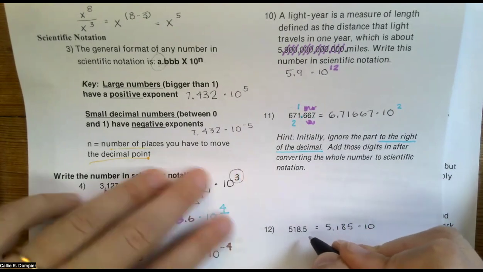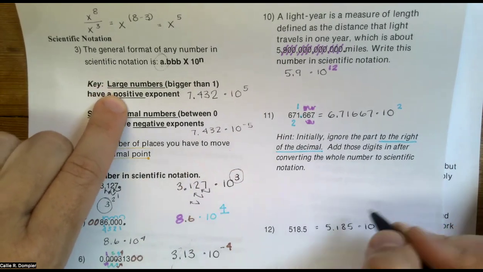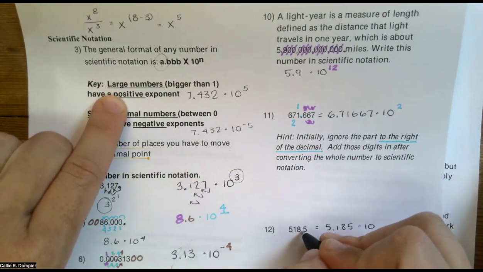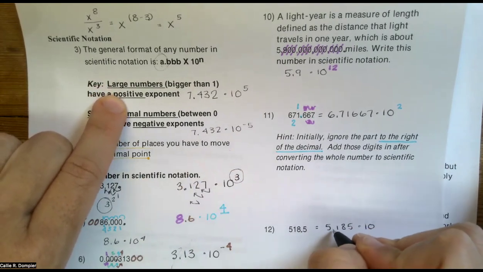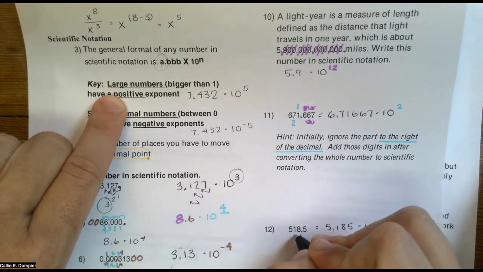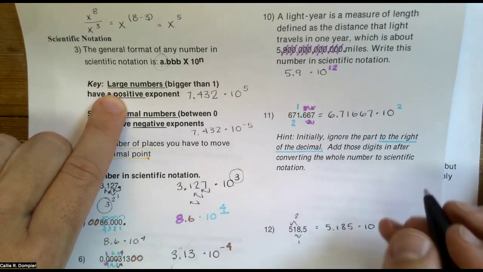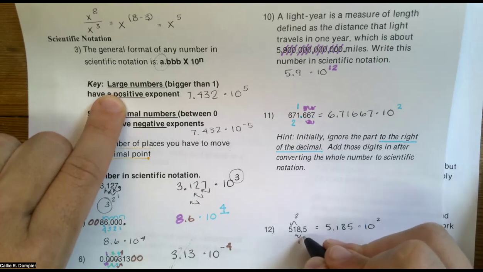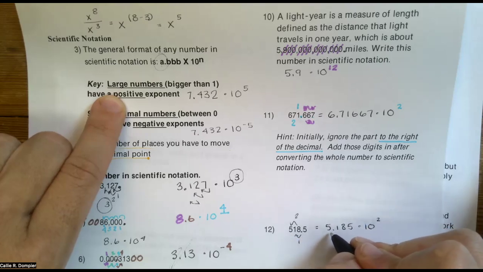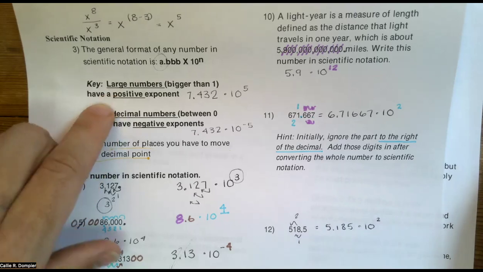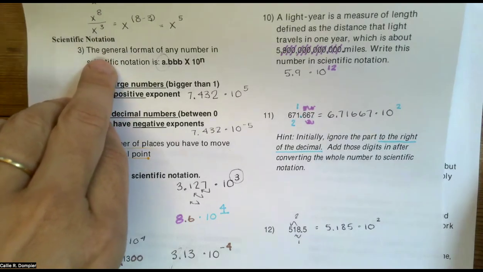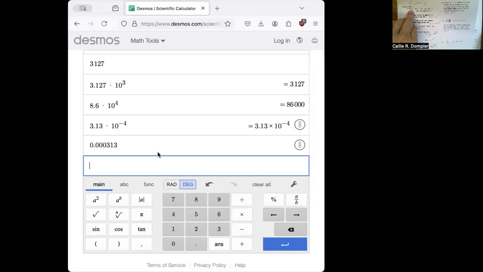That's a big number, large number, so it's going to have a positive exponent. How many spaces do we have to move this to get it to between the 5 and the 1? 1, 2. So 518.5 is equal to 5.185 times 10 squared. Let's put that into Desmos because those numbers are small, so I think it'll like it.